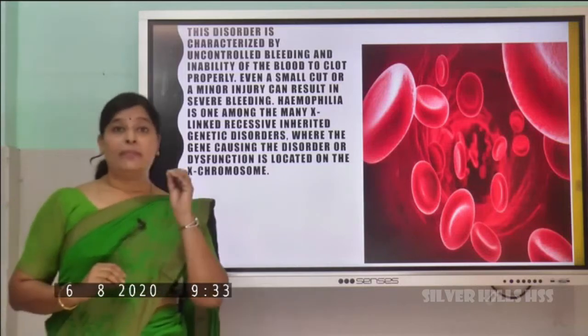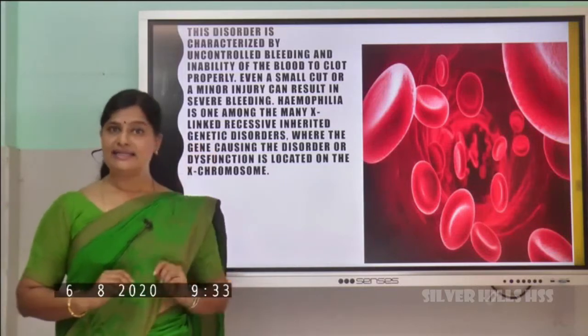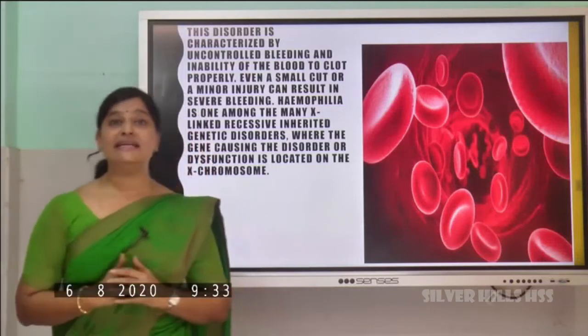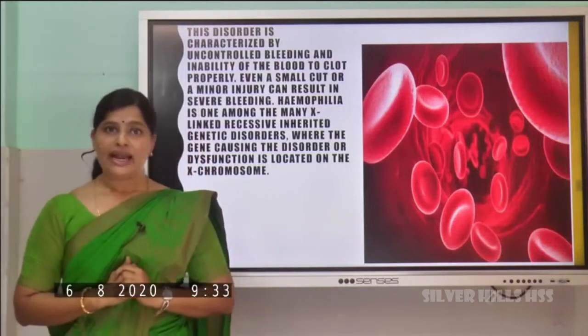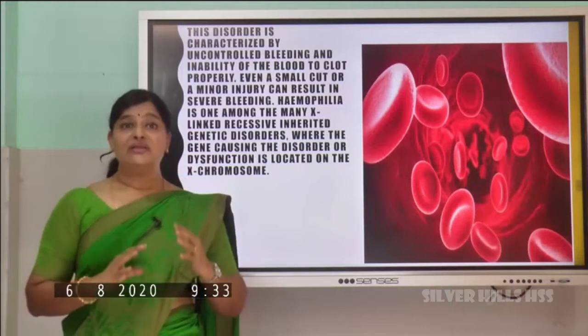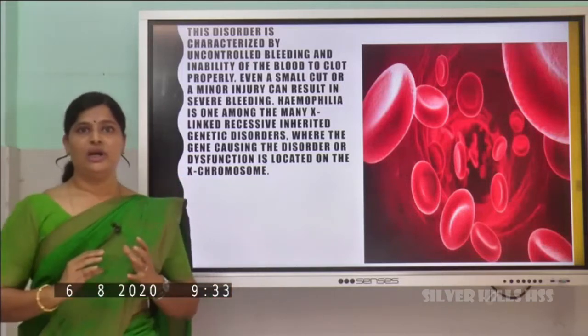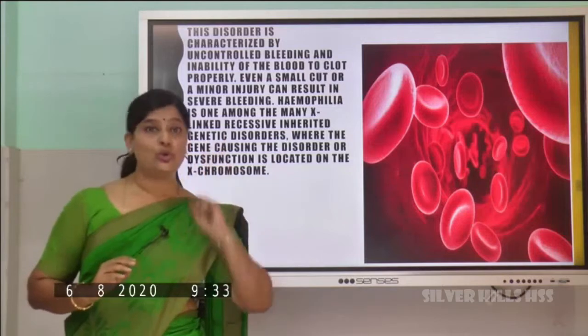Now what about dominant and recessive alleles? This defective gene is a recessive one, right? So a person with hemophilia, if it is a female, females have 2 X chromosomes.